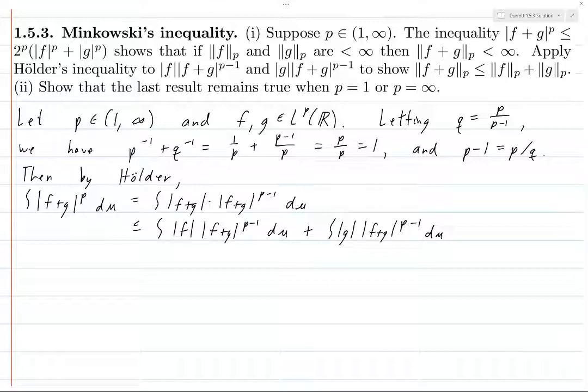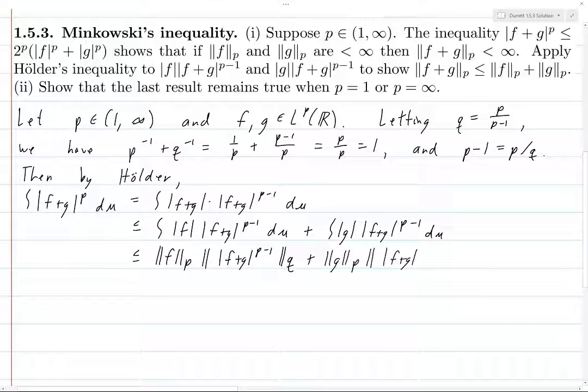The way that we want to do this, which will make this work, is that we do the p norm of f and then the q norm of the absolute value of f plus g to the power of p minus 1. And this sort of just works out magically. Which is why it's really good that they gave us the hint here, because I don't think there's any good reason why you should think that this will work, but it just sort of magically works out.